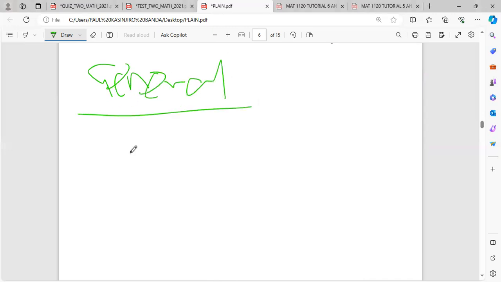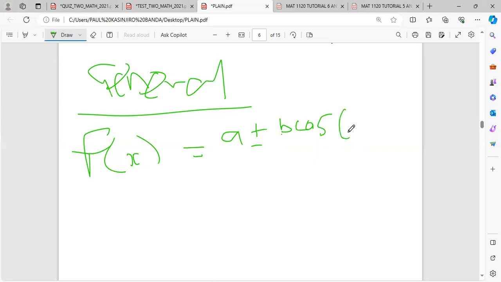Okay, so before I end the class, let me just give you a general picture of what the equation means when it's given to you. If I have y is equal to, then here I have a plus or minus a, then I have b cos (x plus c).